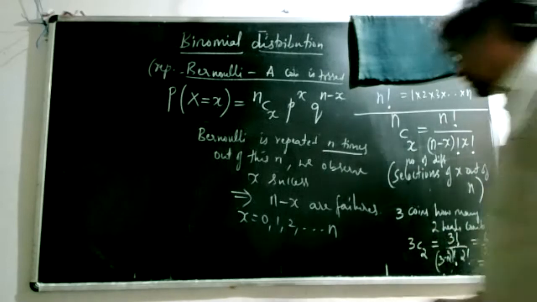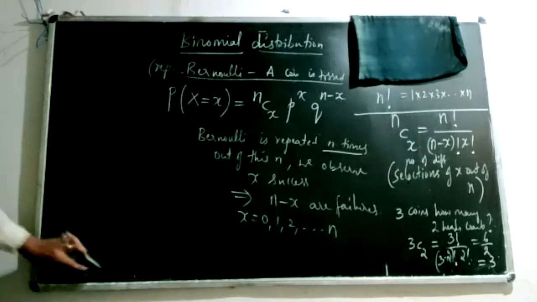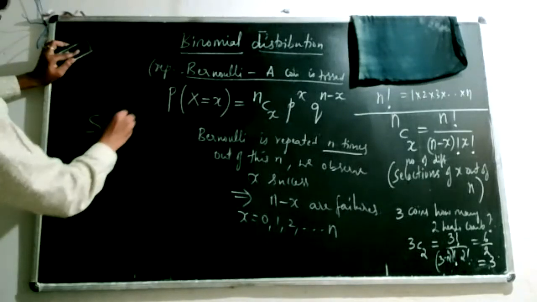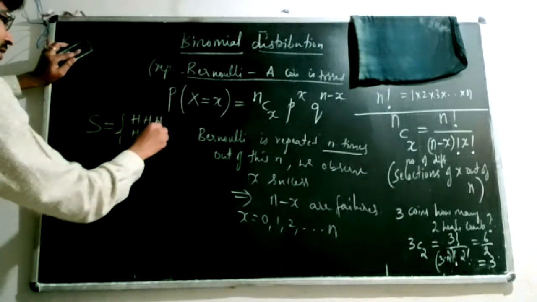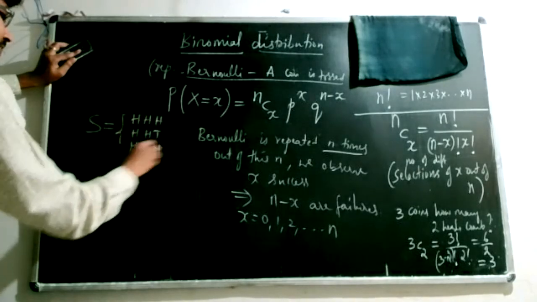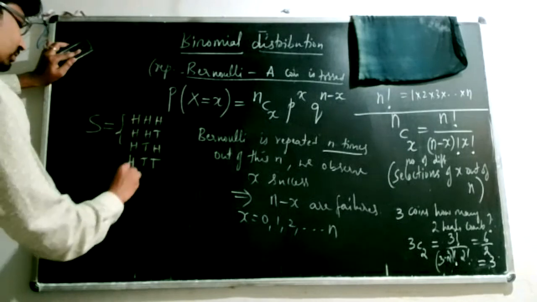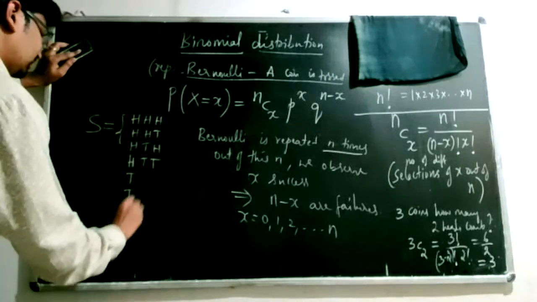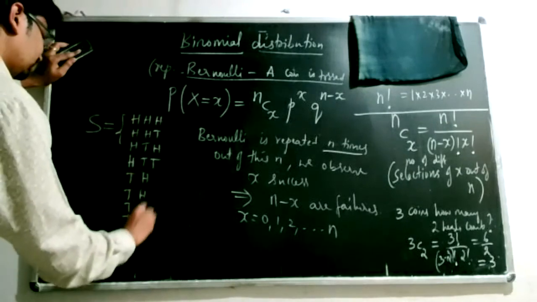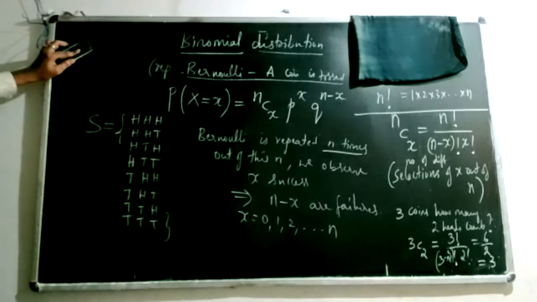So let us understand this. What is this question? 3 coins are tossed. How many 2-head combinations will be there? Now I know the sample space for 3 coins. That is HHH, HHT, and so on. So these are those 8 cases.